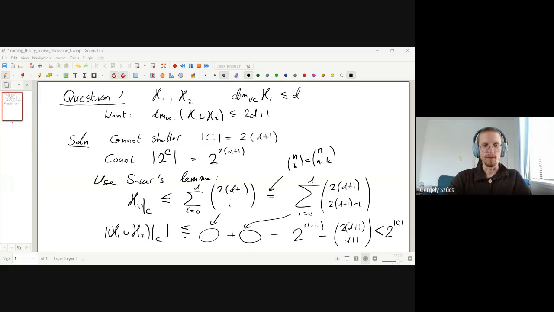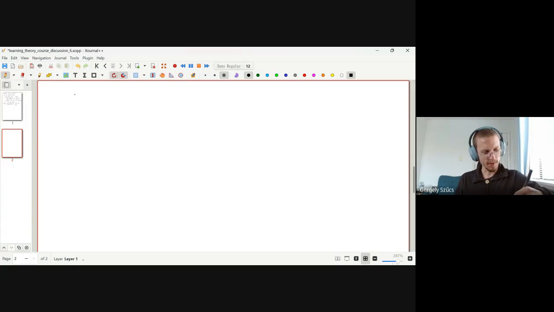Okay, so maybe we can move on to question 2. So this is an example where we're looking at a specific hypothesis class of conjunctions over a Boolean algebra.